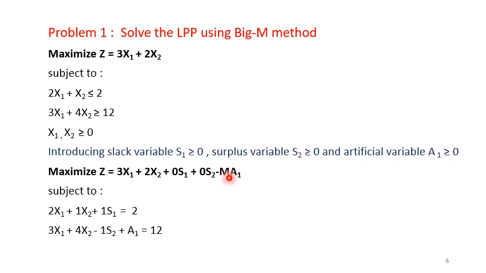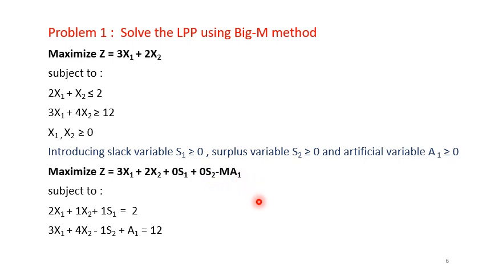If it is a minimization problem, the coefficient of M will be positive, plus 1. So in this case, since it's a maximization problem, the objective function will be maximize Z is equal to 3x1 plus 2x2 plus 0s1 plus 0s2 minus M a1.